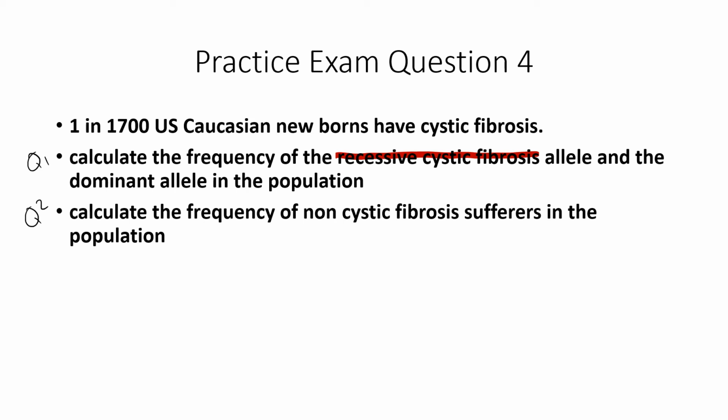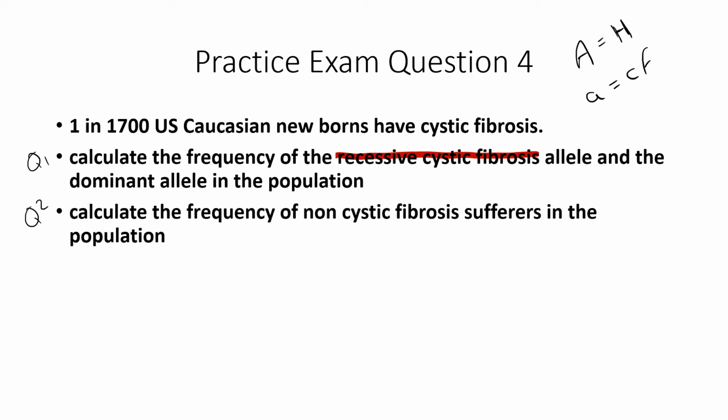Again, the uppercase and lowercase need to be very different. I'm going to make it nice and easy on myself, and I'm just going to simply say the letter A and a. That equals CF, and that one equals what I'm going to refer to as healthy. Now, in my shorthand I've put H and CF, which is absolutely fine, but I need to make it very clear to the examiner what CF and H is in any answer that I give.